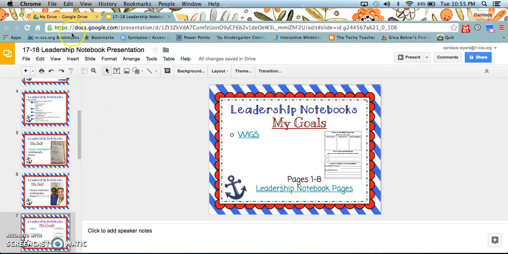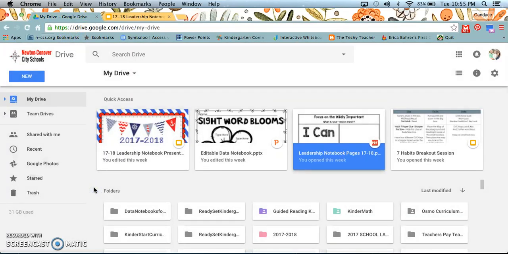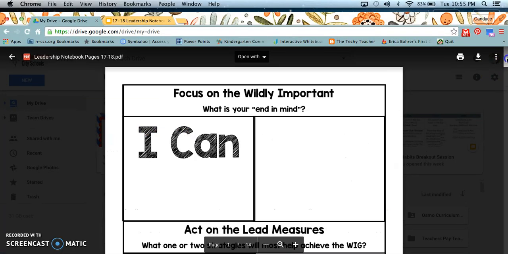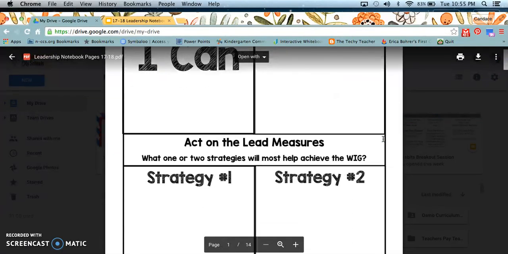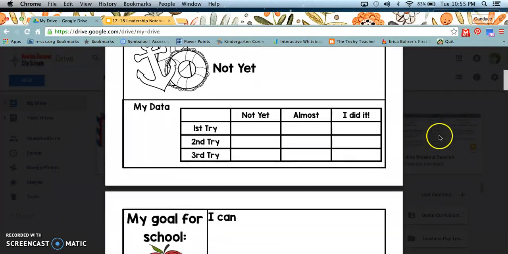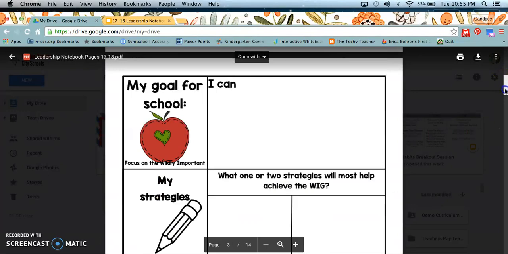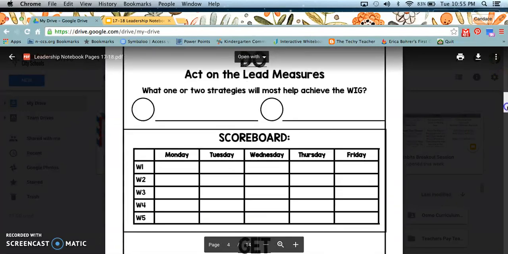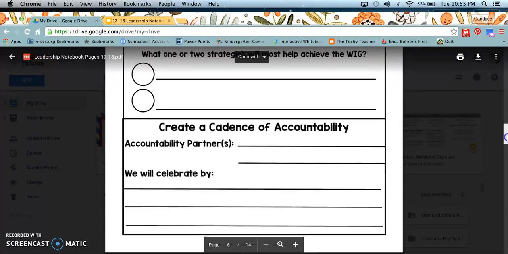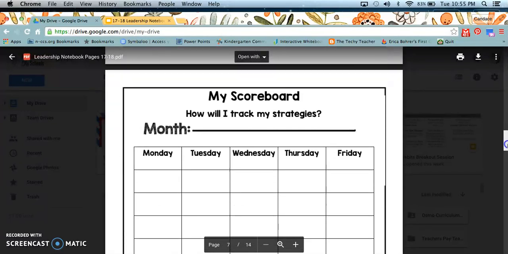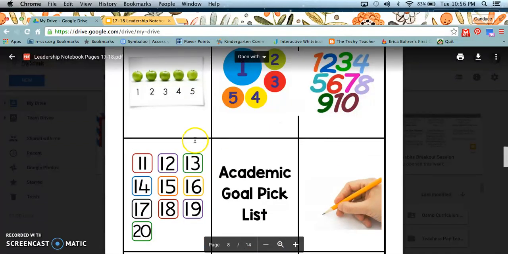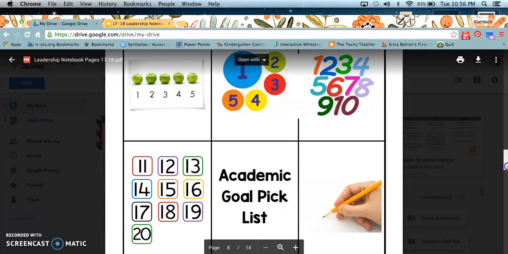And so I have those for you, and you can see that we have all kinds of different Leadership Notebook pages that you can choose from. Sorry, I don't want to make you sick scrolling. But I have created some examples for you, and I'm going to go through those. And you can just kind of pick which best fits your student. Again, an academic goal pick list.